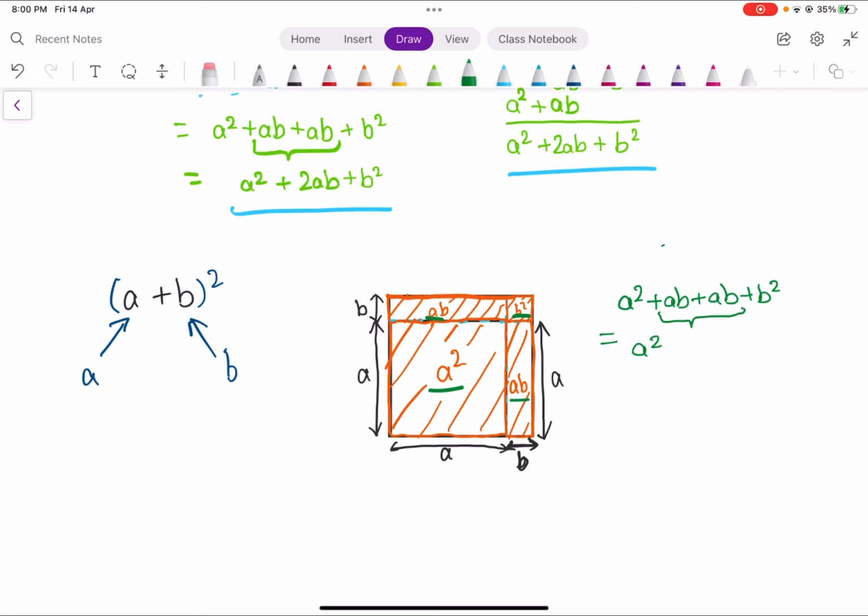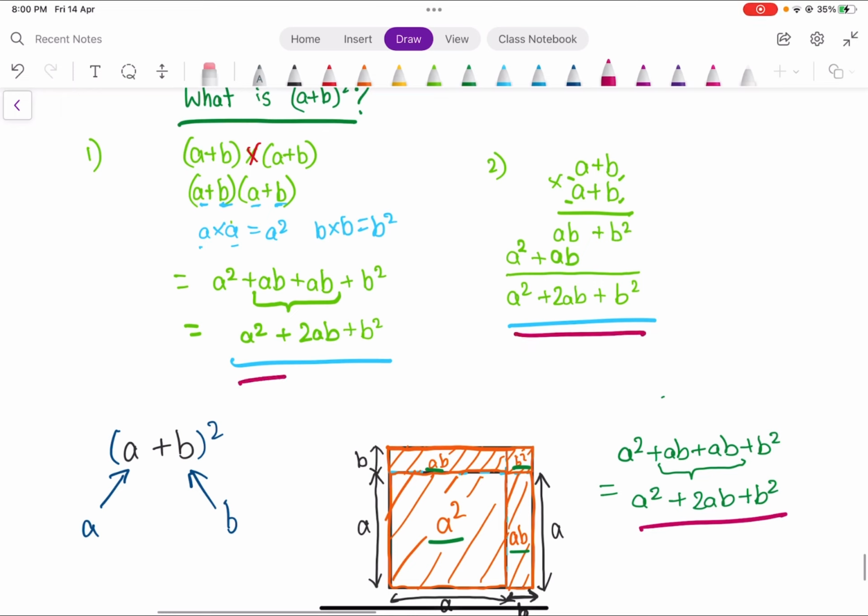So a squared plus 2ab plus b squared. And if you notice, this is the same as this and this. So that means all 3 methods work the same.